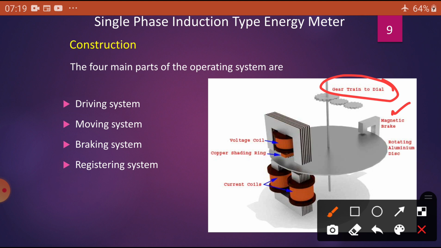This is the aluminum disc. There are two electromagnets, the driving system. So these are the different systems present in a single phase energy meter. Let us see the driving system. What is meant by the driving system?